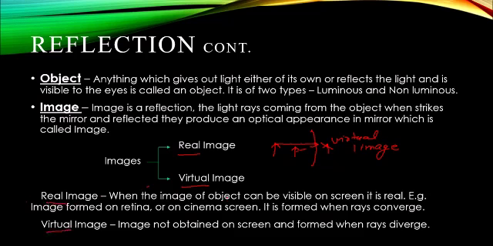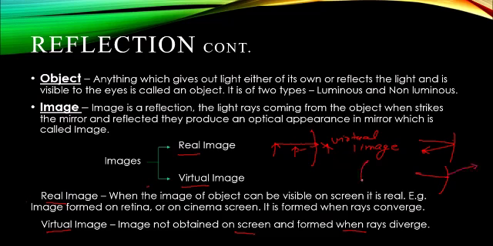When the image of the object can be visible on the screen, it is real. On the screen means in front of the mirror, on the retina or on a cinema screen, then it is a real image. And in case of virtual, it is not obtained on the screen, and it forms when rays diverge. So here the rays converge, fall on the mirror and converge on a single point. But in the second instance, the rays come and diverge, like this.